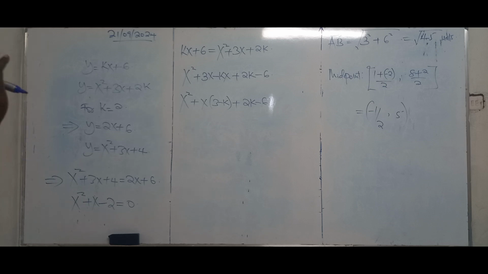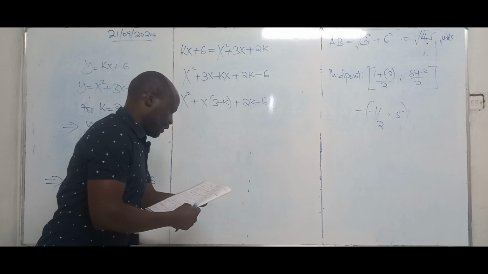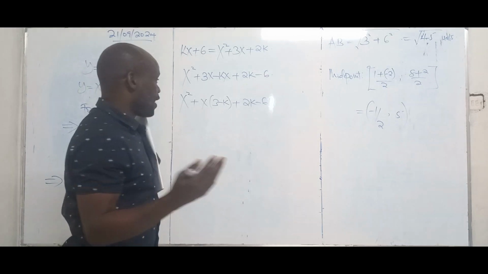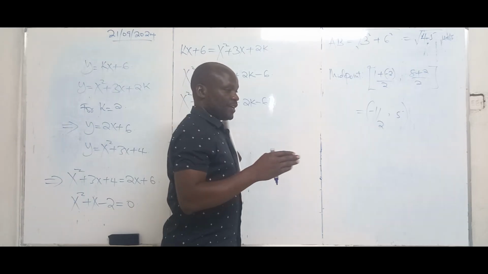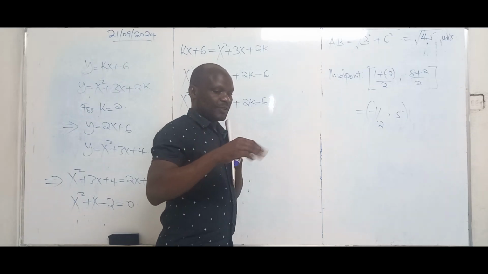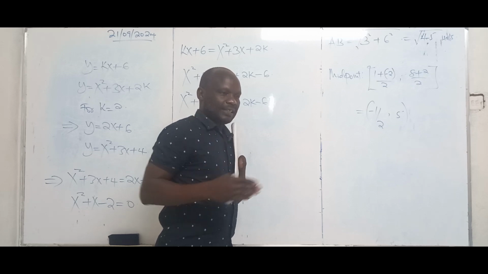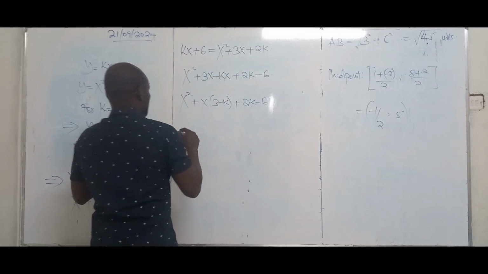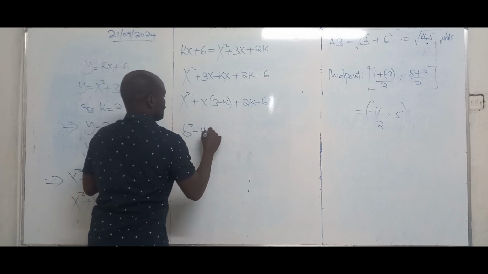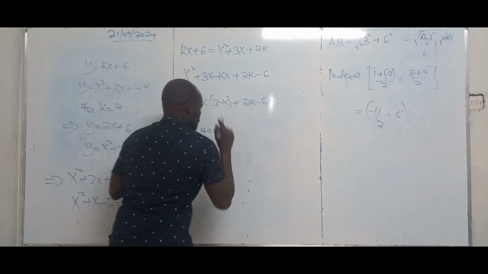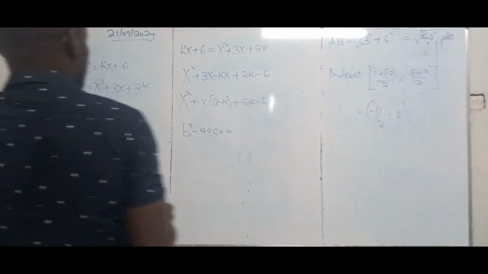For that line to be a tangent to the curve, it means that it cuts that curve just at one point. That's when it can be tangential to that curve. In that case, when it cuts it just once, the condition for that is b squared minus 4ac should give us 0.